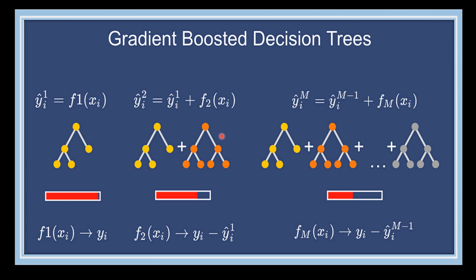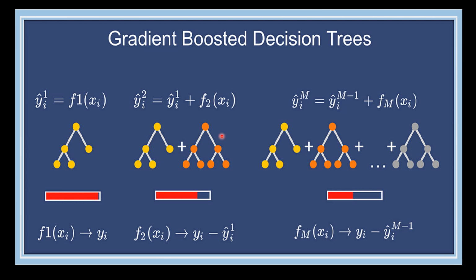Also, it is adaptable, for it can be used with various types of base learners, making it a versatile technique. So the most common gradient boosting techniques are gradient boosting machines, XGBoost, LightGBM or light gradient boosting machines. And these algorithms differ in their optimization technique which is used to train the models, how they handle missing values, and what parallelization strategies are used.